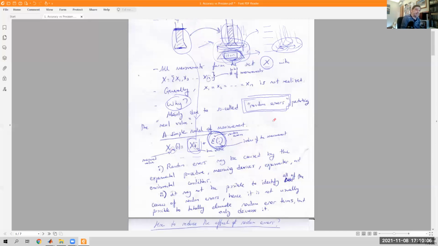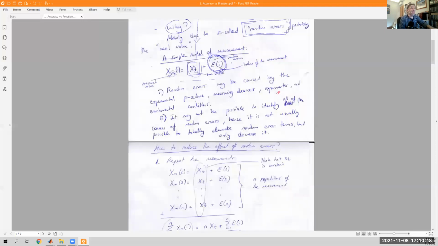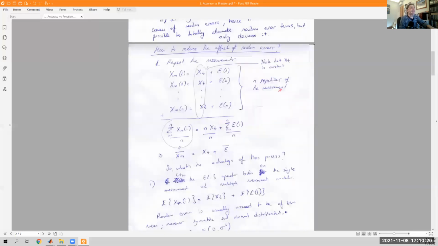The best that you can do is, by carefully examining the experimental procedure, decrease the random error terms. But there is another statistical method here, which I'm sure we intuitively know, which is called averaging.